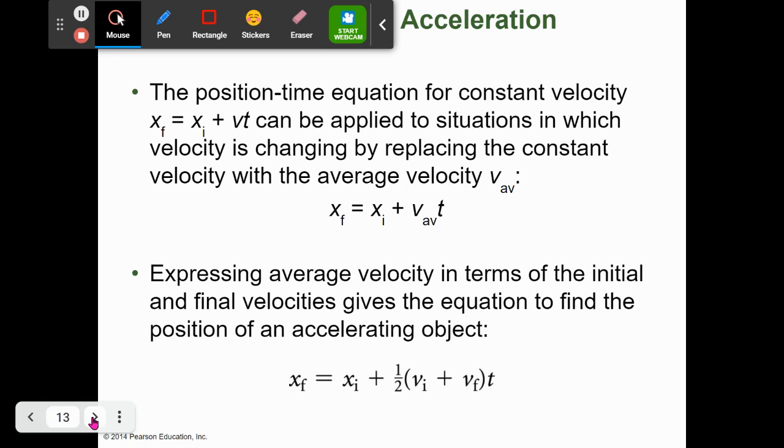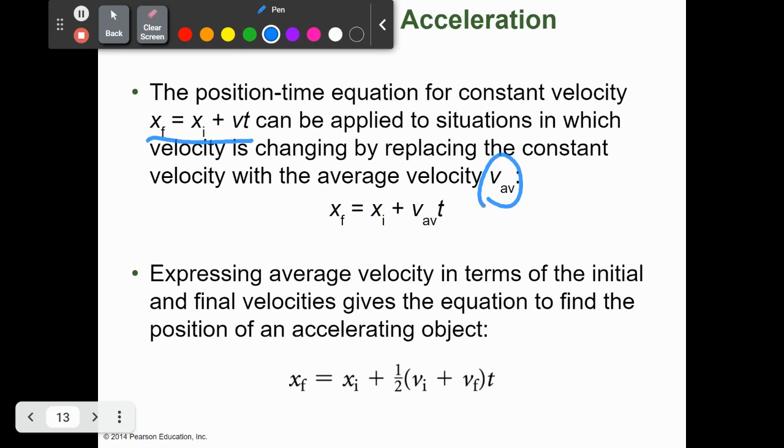So remember we talked about position versus time. We got this equation last chapter, that the final position is equal to your initial position plus your velocity times your time. If we apply that to a situation where velocity is changing, where your velocity is not constant, then we replace the V with V average.